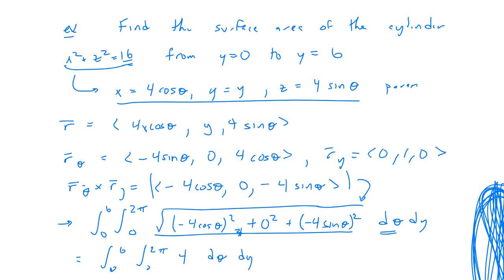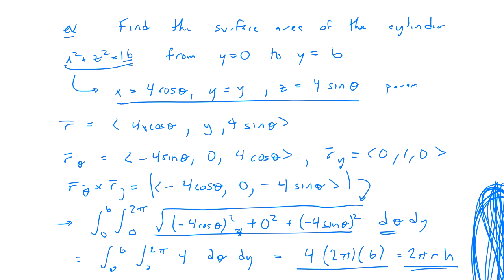And so if I go through it, I'm just going to get the 4 times the 2 pi times the 6, again, skipping steps, although in this case, you could do it straight. And if I generalize this, you'll notice that this is equal to 2 pi times the radius times the height, which is the surface area of a cylinder.